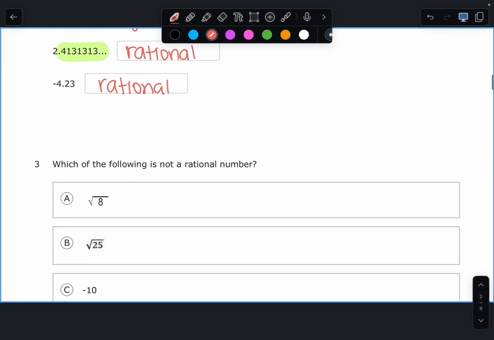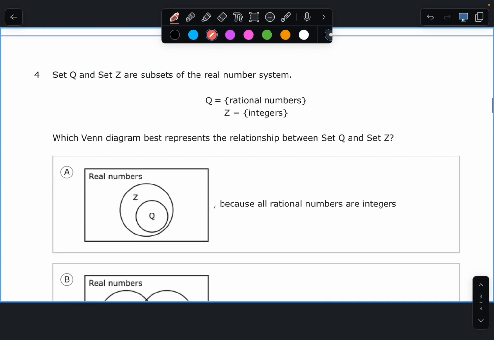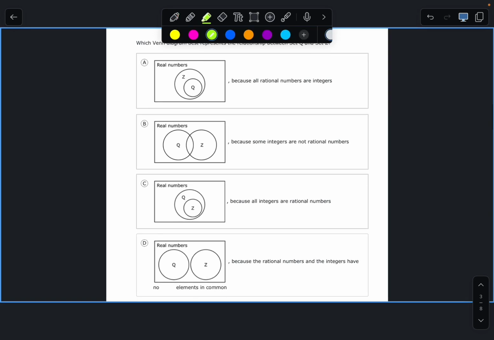So let's skip down to number 4. It says set Q and Z are subsets of the real number system. Which Venn diagram represents the relationship? I will tell you right now, one that it will never be is going to be like answer choice B. None of the categories ever mix a little bit, okay?